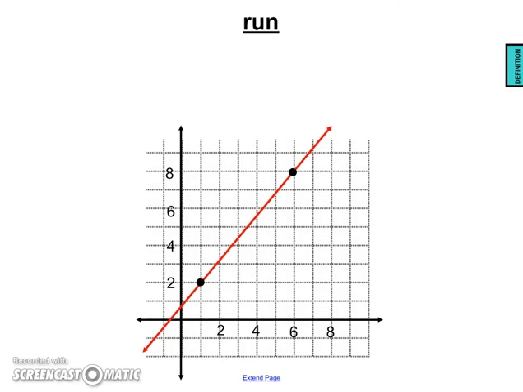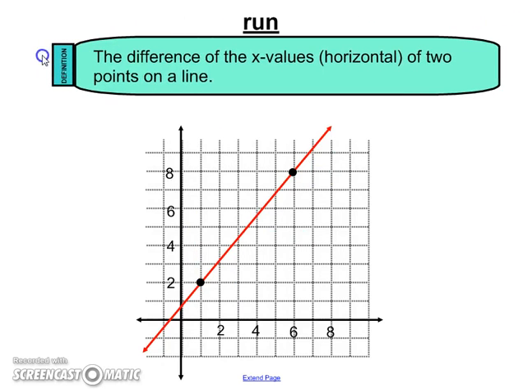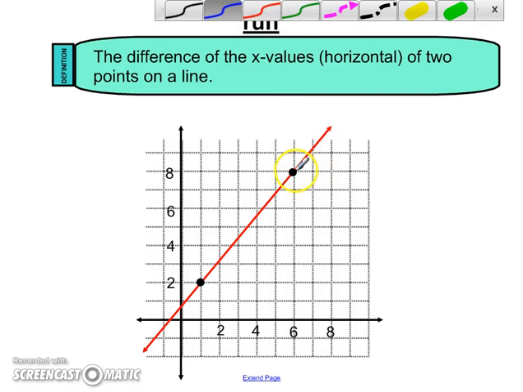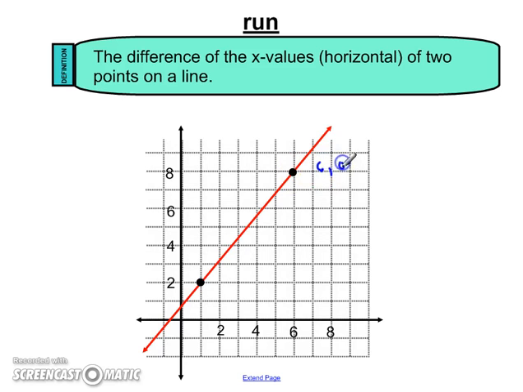But then we get to the run, okay? And run is the difference in the x values, and you'll notice here I'm using the same 2 points. This point here, again, was (6, 8). This point down here was (1, 2). And it's the x values, in this case, let's see if I can draw my little bracket here, it's the x values that determine horizontally how far apart these two points are.